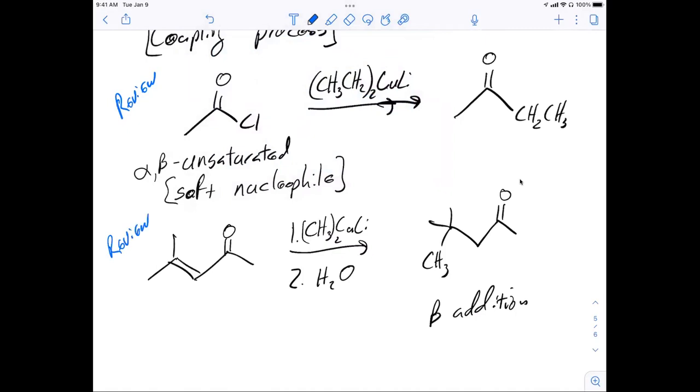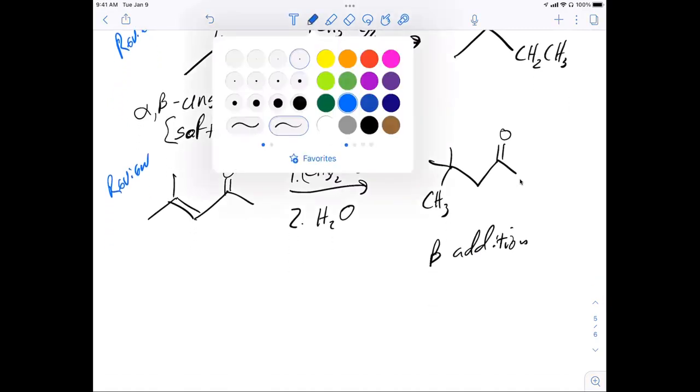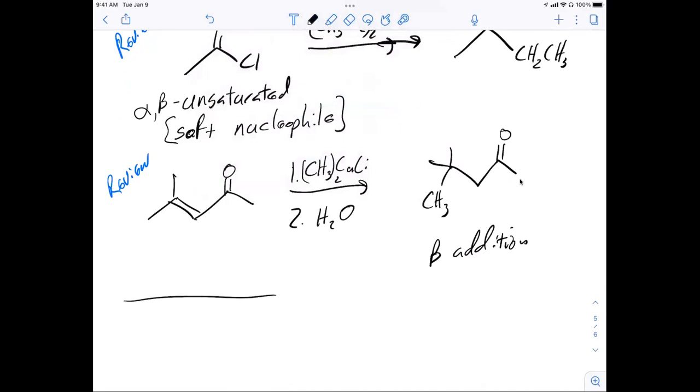So we've already been using some organometallic reactions. This next one is a new one. It is using a Gilman.